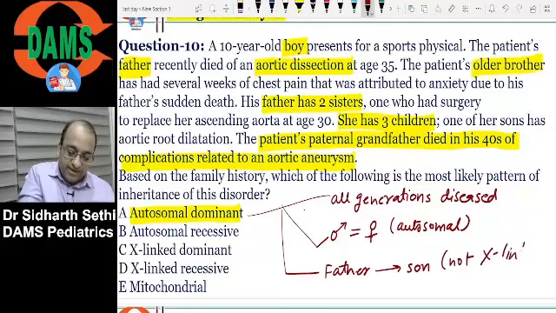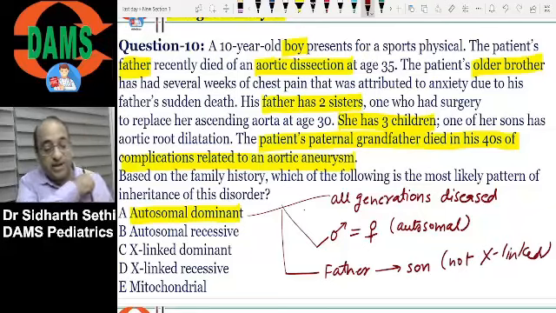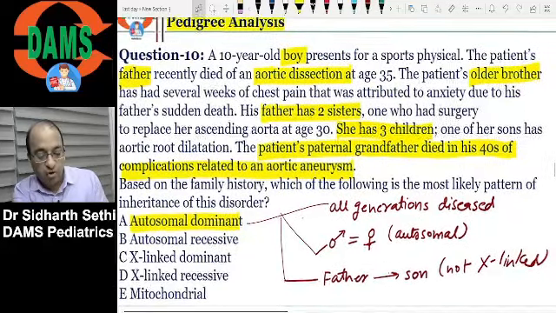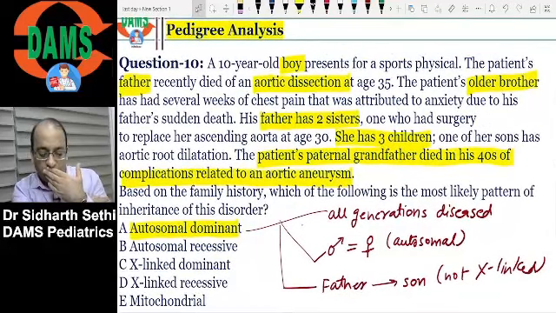So in your exam, before marking autosomal dominant, always look at whether the father is giving the disease to the son, because if the father is giving the disease to the son, it is not X-linked. So this is autosomal dominant. This will give you a clue that this is autosomal. Okay, so these three things you have to remember.